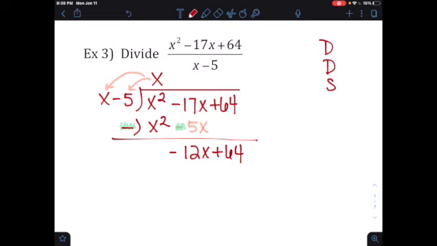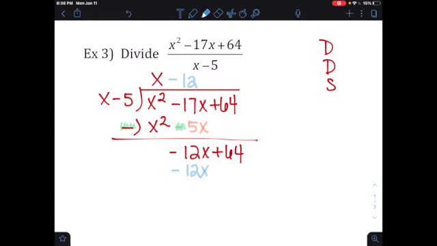All right, now I'm going to erase the orange line. And then we are going to do the next turn of decision. So when you decide on the next one, it is going to be negative 12x. So x times what gives you negative 12x? In this case, negative 12. Negative 12 times x, negative 12x.